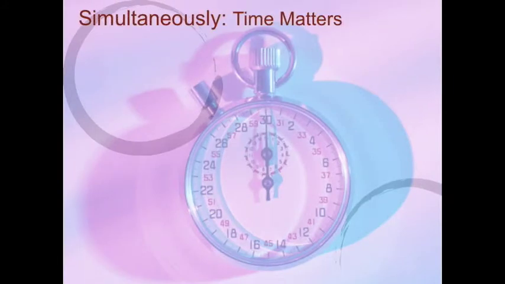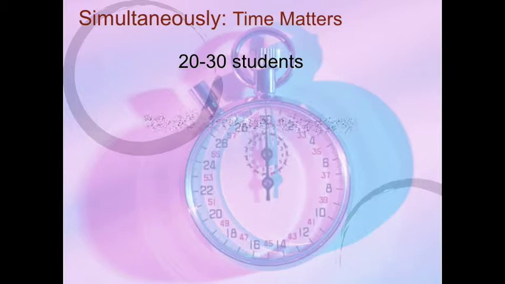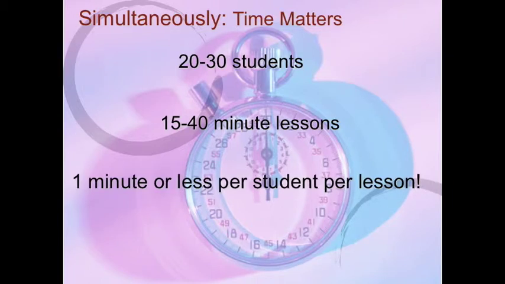Classroom experience shows us that the idea of inviting all students to participate simultaneously is just plain practical. Think about the numbers. The average classroom has 20 to 30 students and 15 to 40-minute lessons. You do the division. That means if students participate one at a time, there is 1 minute or less per student per lesson for participation.